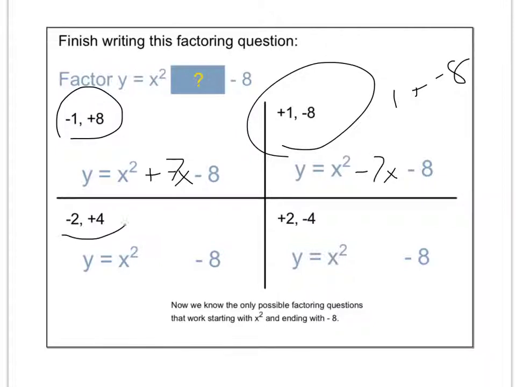Then, third option, we add those two numbers, it's positive 2x. And last but not least, you're going to have minus 2x. So by looking at the possible factors of negative 8, we can try to figure out what that middle term is going to be.